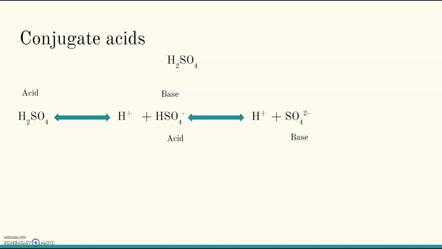That conjugate base has lost one more hydrogen ion than the acid before. So in this case, the HSO4 minus ends up being an acid because it loses a hydrogen ion. And its conjugate base then ends up being the SO4 2 minus.